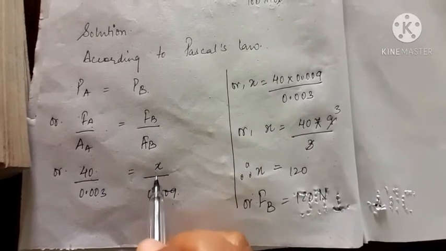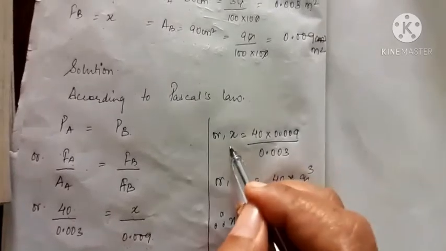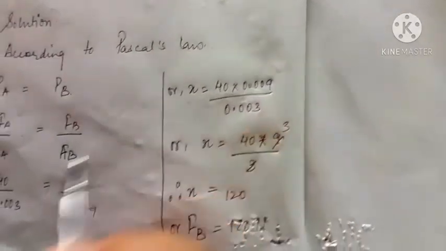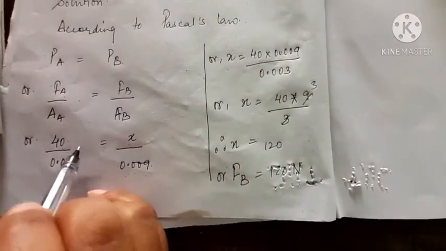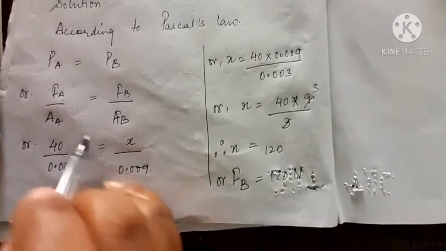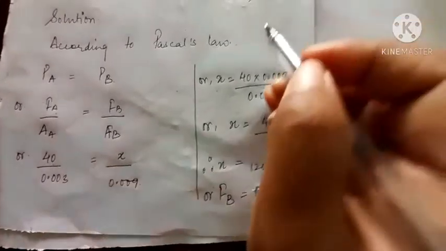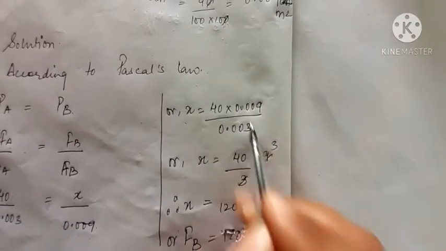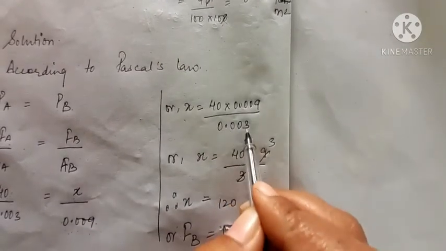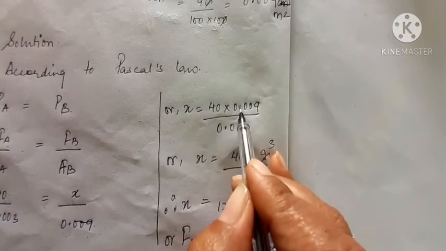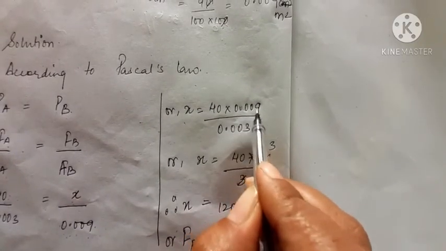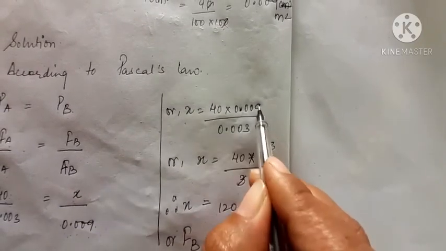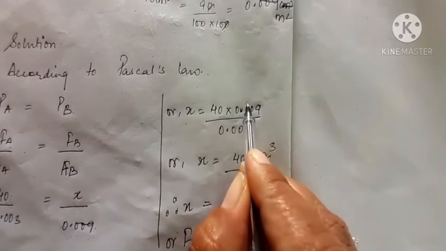So when I have to calculate X, I'm going to keep X alone and send everything to the left hand side. So this will get multiplied with this when it goes on the other side of equal to. So it will be 40 into 0.009 divided by 0.003. Now see here, this 0.009, the decimal is after 3 places, 1, 2, 3.